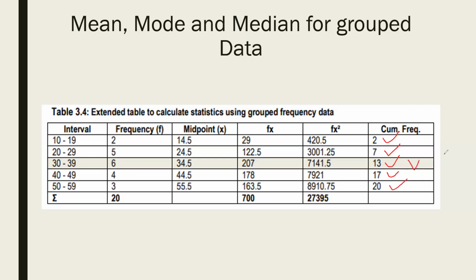Why? Because the previous class ended at the 7th position, so 10 is here, because it's going to start from 8 to 13, which is proved by the longer method that I showed you, where you say 8th, 9th, 10th, 11th, 12th, 13th. Right, so that is how you determine the median class.